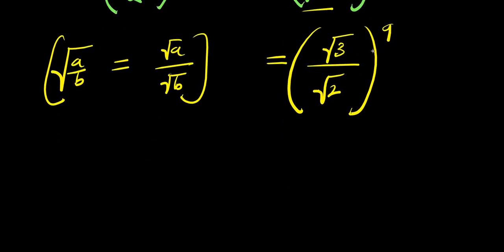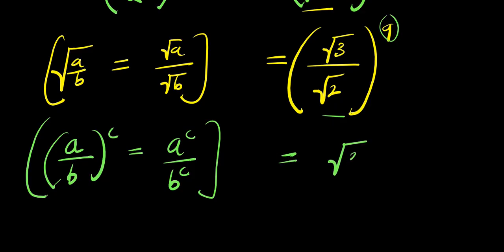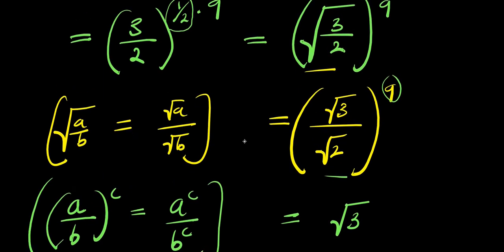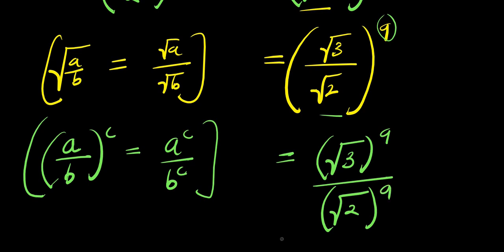So from here, we can also distribute the exponent, because if you have a divided by b raised to the power of c, this equals a to the power c divided by b to the power c. Applying that here, this is square root of 3 to the power of 9 divided by square root of 2 to the power of 9.